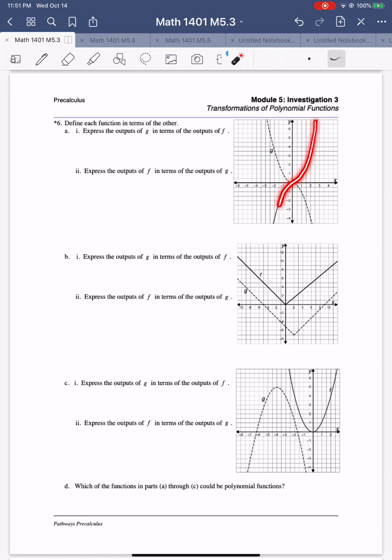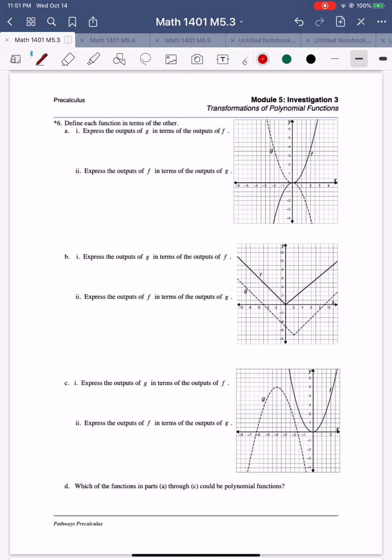This is the f function graph, and this is the g function graph. They look similar except for the direction, so this is a reflection. This is the image of this one, and this is the image of this one. The dashed line is the image, it just makes it upside down.